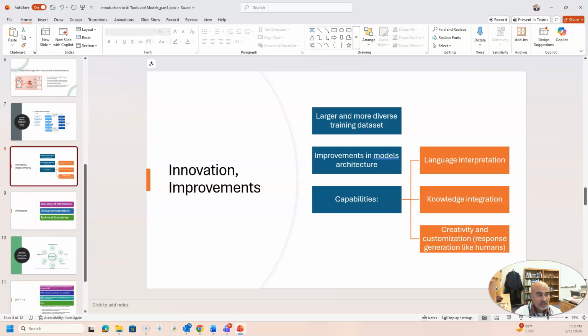Additionally, improvements in the model's architecture, such as a more efficient attention mechanism, have significantly increased its speed and accuracy.